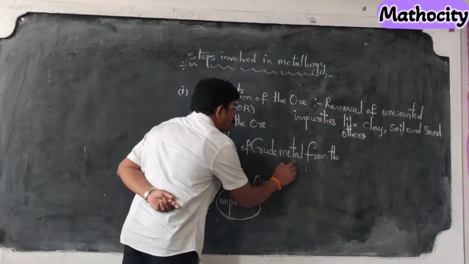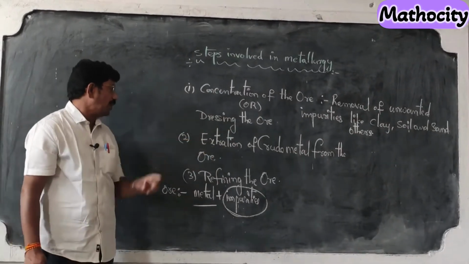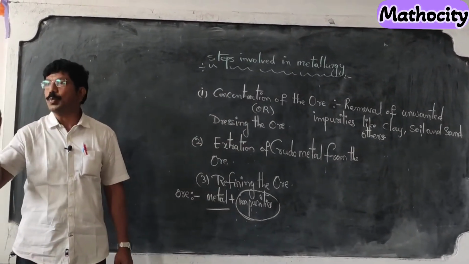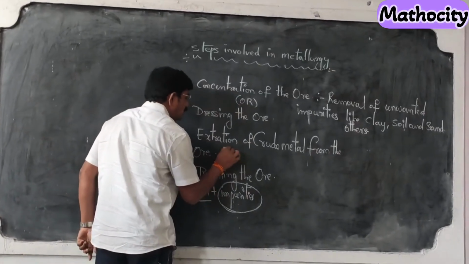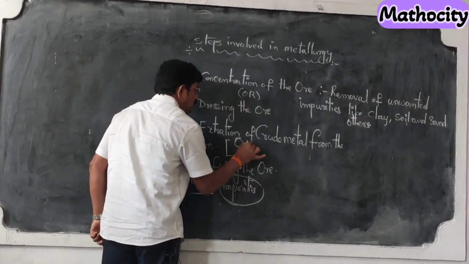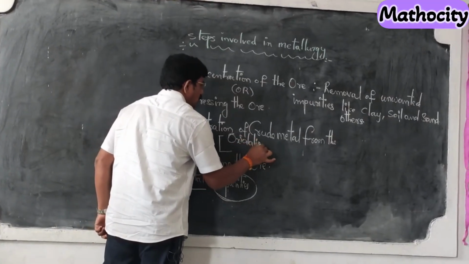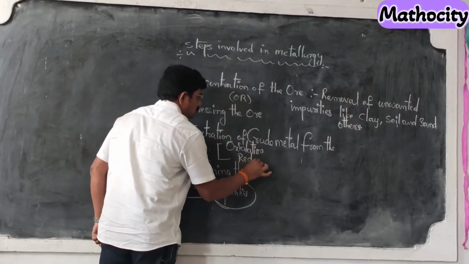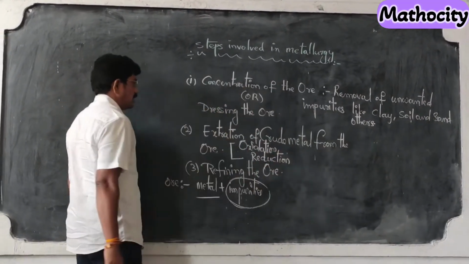Extraction of the crude metal from the ore. It involves two methods, two processes, two steps. What are the two steps? One is the oxidation, the second one is the reduction. Try to understand.